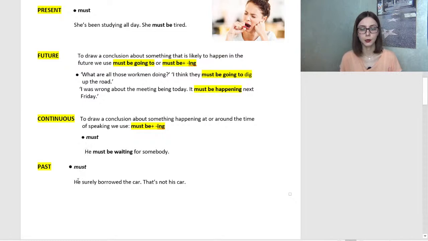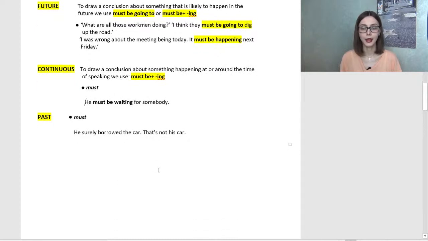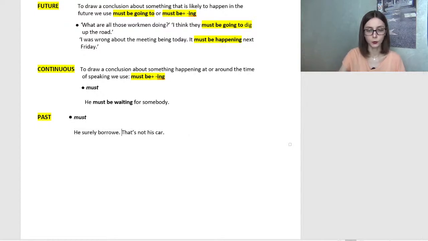So in the past, let's go to the past now. He surely borrowed the car. That's not his car. How can you paraphrase this sentence? What do you think? So instead of he surely borrowed the car, you would say he must have borrowed the car.